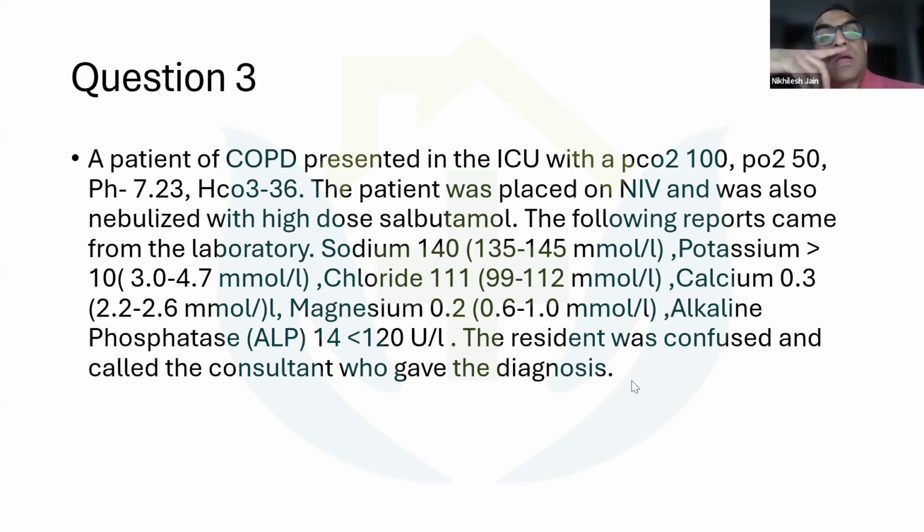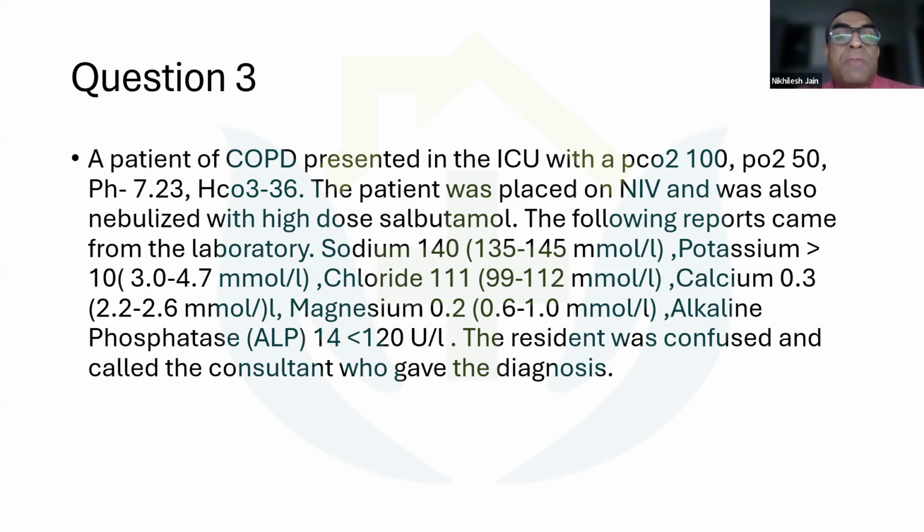Okay. So here you have a patient of COPD who presented in this ICU with a PCO2 of 100, PO2 of 50, pH of 7.23 and bicarb of 36. So you can very well appreciate that there's a respiratory acidosis for which there's a compensatory metabolic alkalosis happening there. Now the patient was placed on NIV and was also nebulized with high dose of salbutamol.